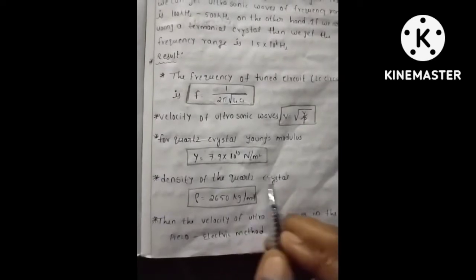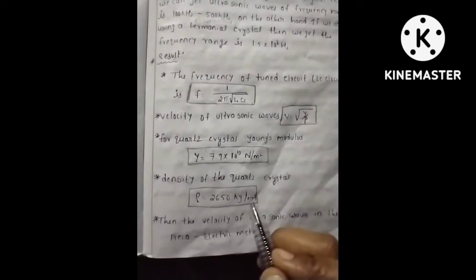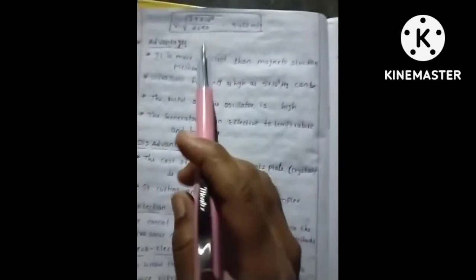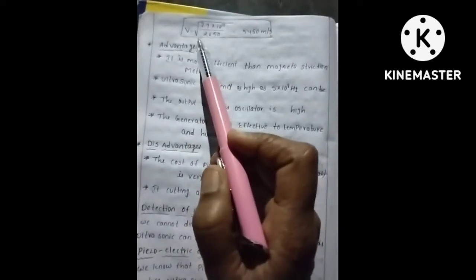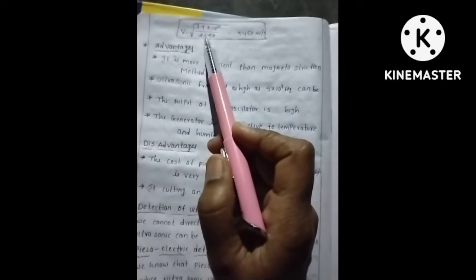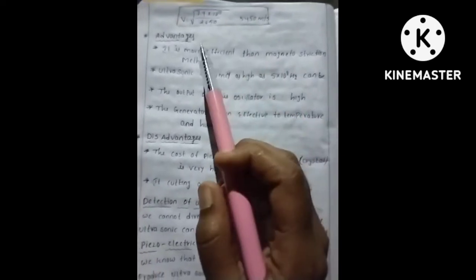Density of the quartz crystal, rho, is equal to 2650 kg per meter cube. Then the velocity of ultrasonic waves in the piezoelectric method, v is equal to root over 7.9 into 10 power 10 by 2650, which is equal to 5450 meters per second.